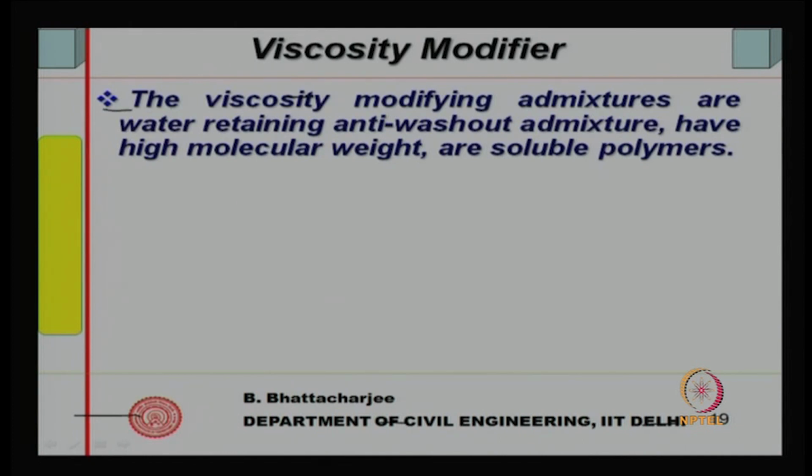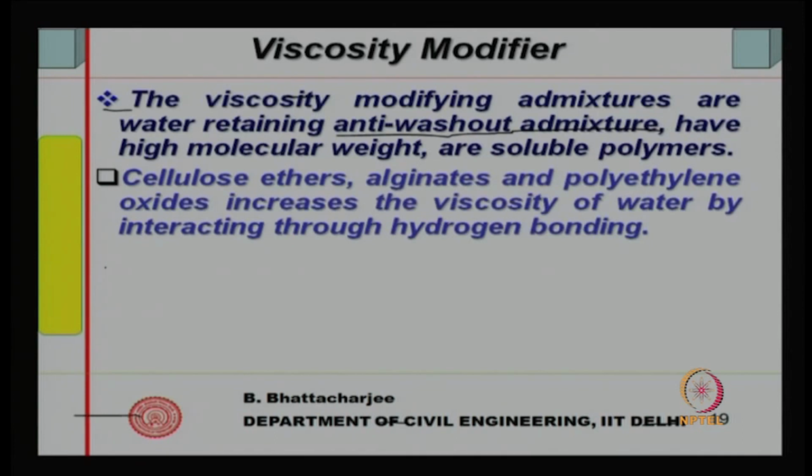They are essentially anti washout admixtures, and they have high molecular weight. They are soluble polymers. So, cellulose ethers, alginates and polyethylene oxides increase the viscosity of water by interacting through hydrogen bonding.